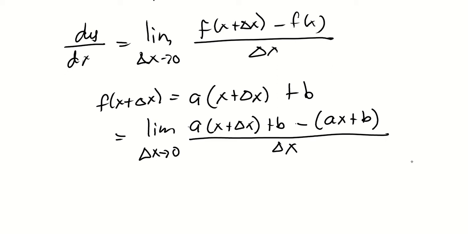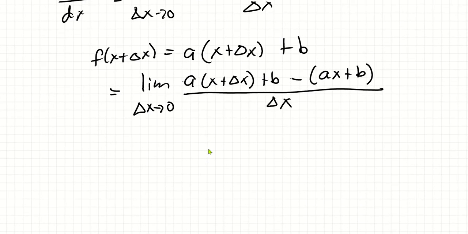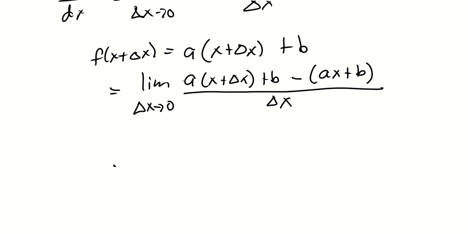You need to distribute that negative inside the quantity. Rule of grouping quantities in algebra: when you remove the quantity, if it's preceded with a negative sign, you need to change all the signs inside that quantity. So remember that.